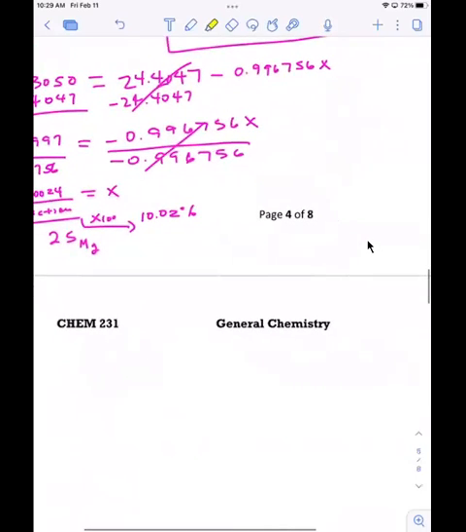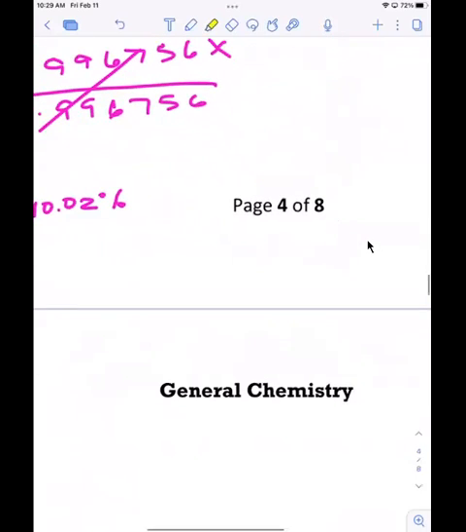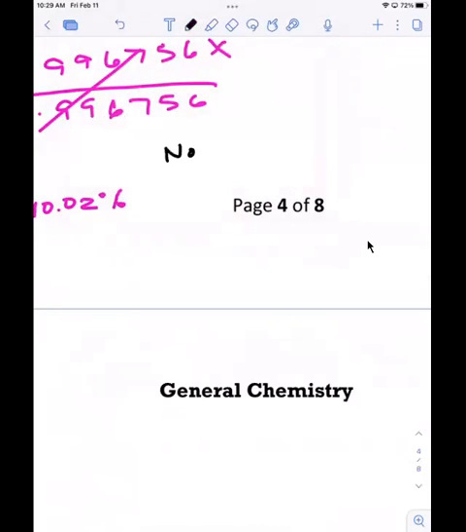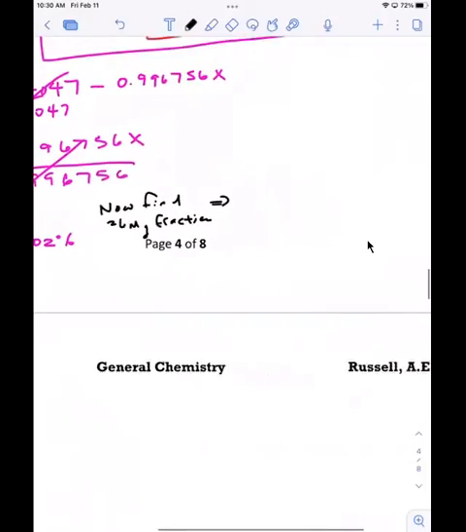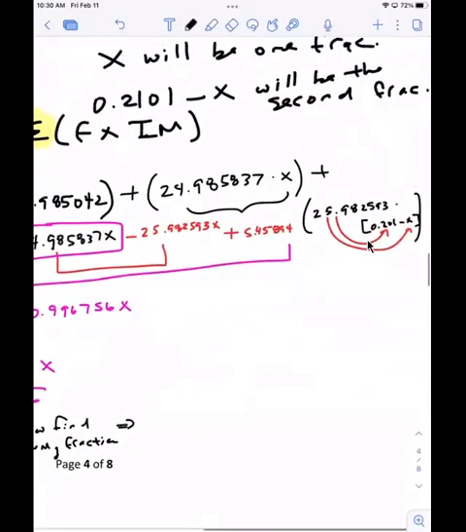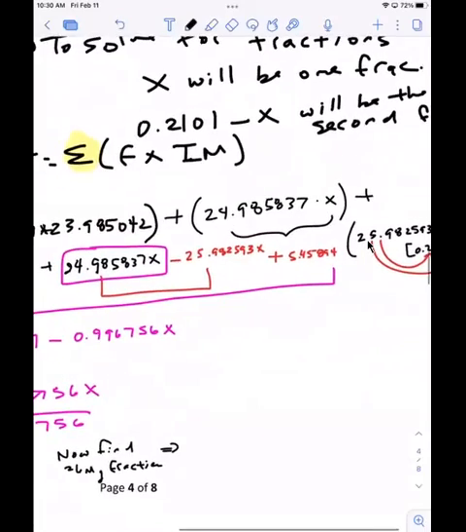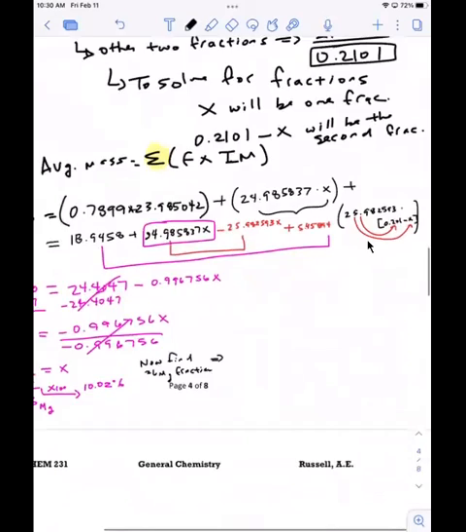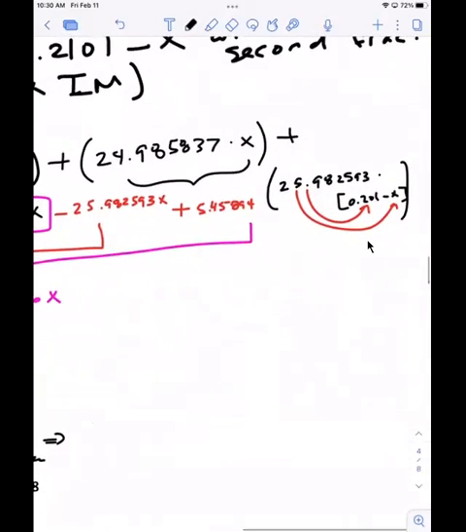How are we going to get the other part, the other fraction? How do we do that? If this was the X term, then the other fraction, the magnesium 26 fraction, is going to be right here.